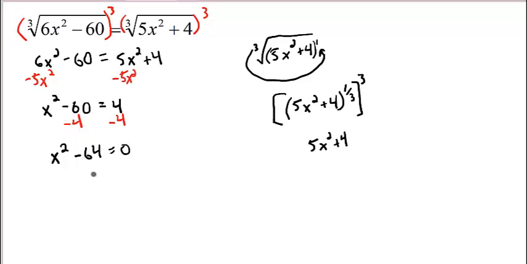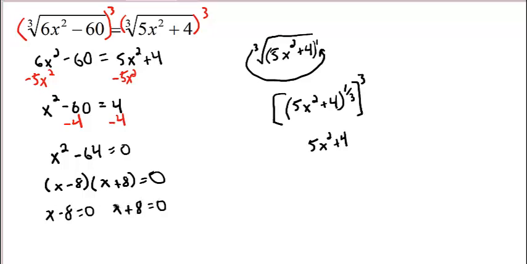Now the difference of squares here will be x minus 8 and then x plus 8, which equals 0. You could set both of these parts equal to 0. So then x will have to be 8, and then also x will be negative 8.